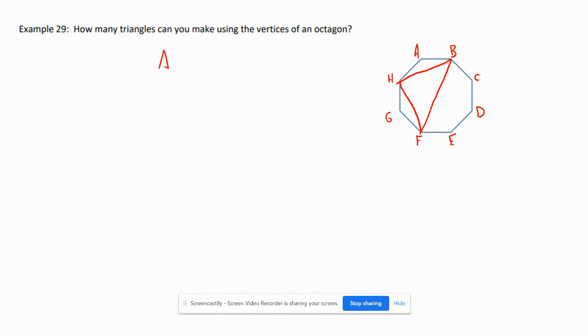and say triangle HFB. Okay, well, that is the same as triangle FBH. So the point I'm trying to make over here is that the order of the vertices does not give a different triangle.